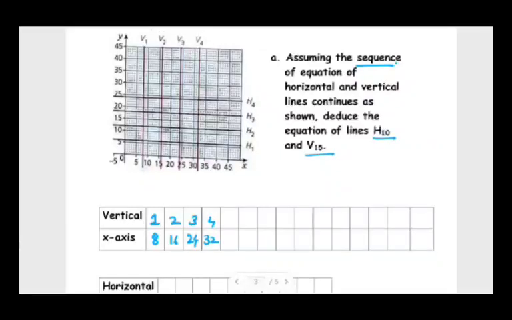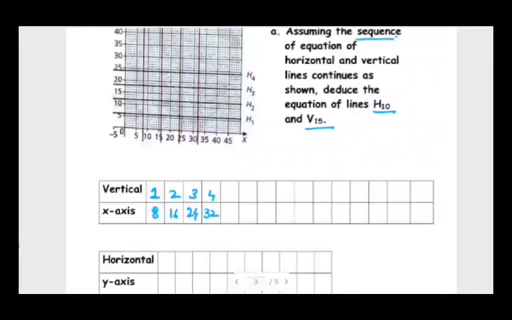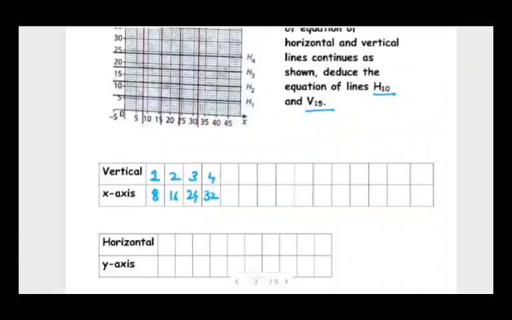So I've drawn the table for convenience for vertical and horizontal. So I'll start 6, 7, 8, 9, 10, 11, 12, 13, 14, 15. So going by the table of 8, 8 ones are 8, 8 twos are 16, so 8 15s are 120.